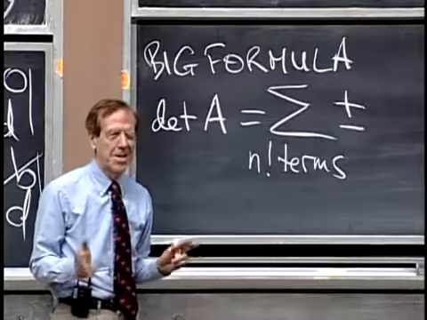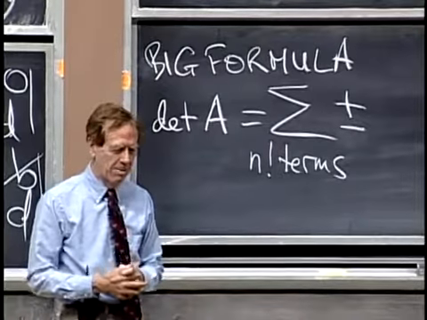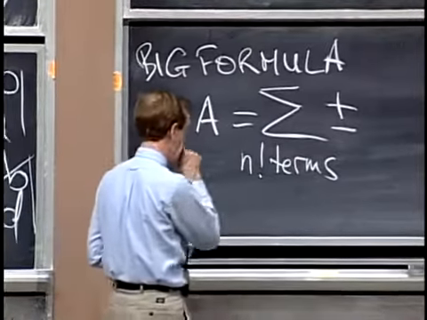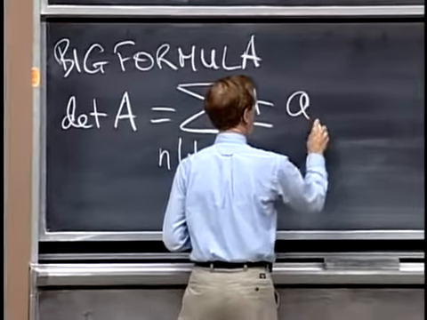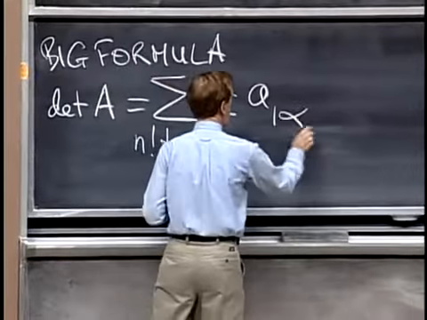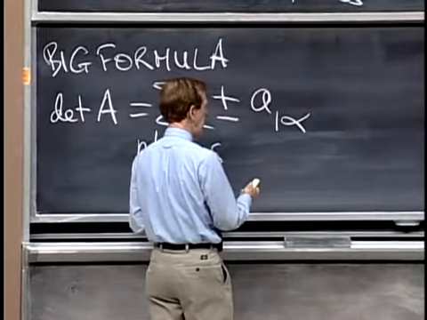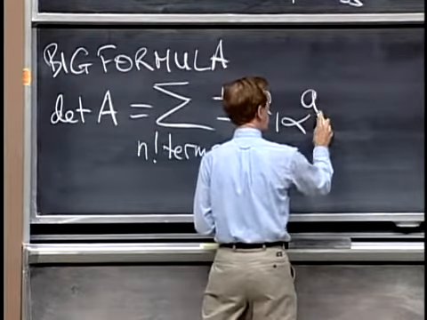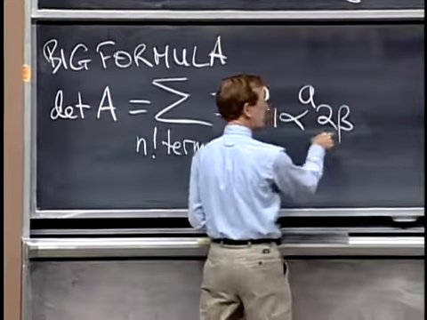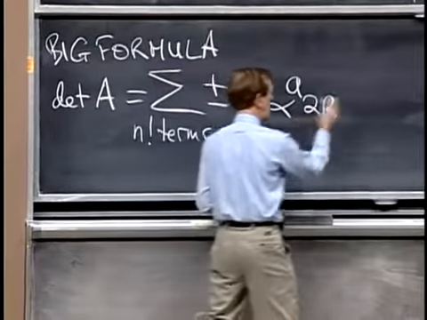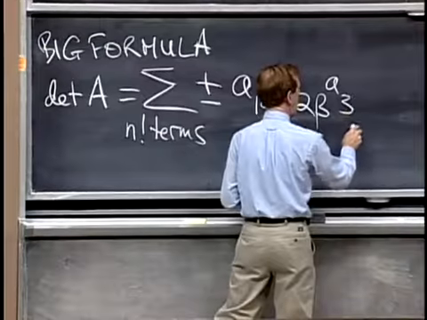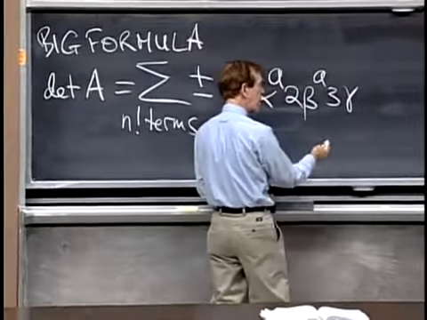And I'm not willing to stop with 3x3, so I'm just going to write the formula down. So the one in the first row comes from some column alpha. I don't know what alpha is. And I multiply that by somebody in the second row that comes from some different column. And I multiply that by somebody in the third row who comes from some yet different column.